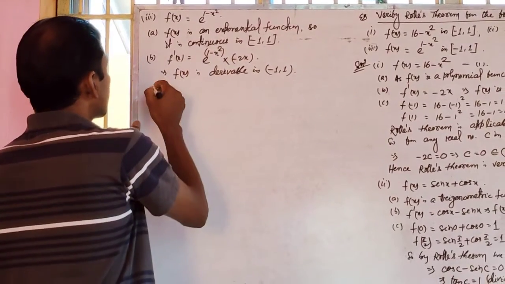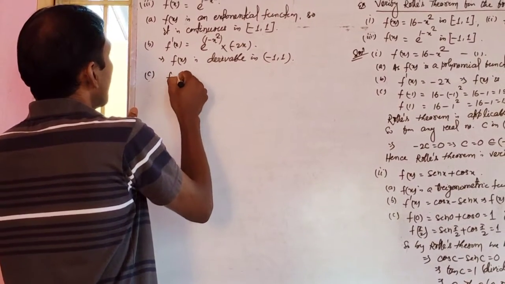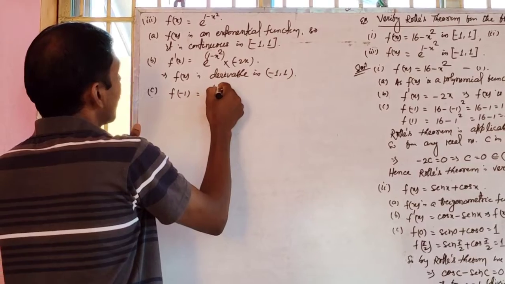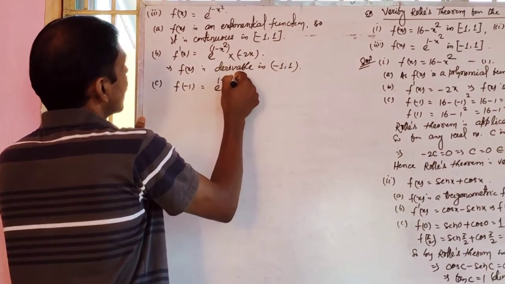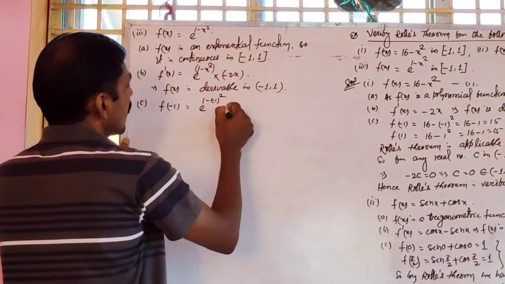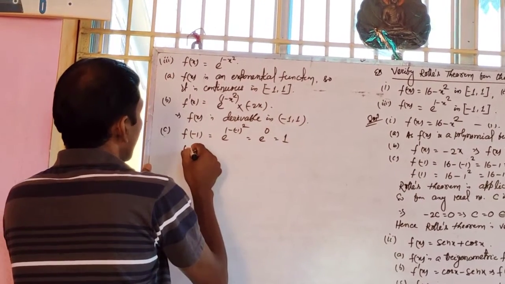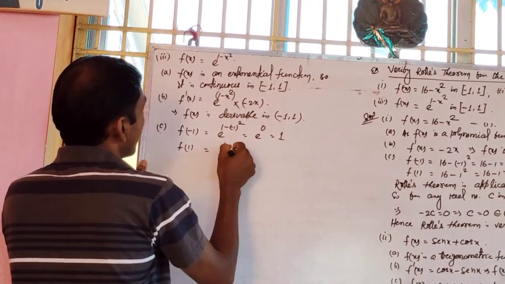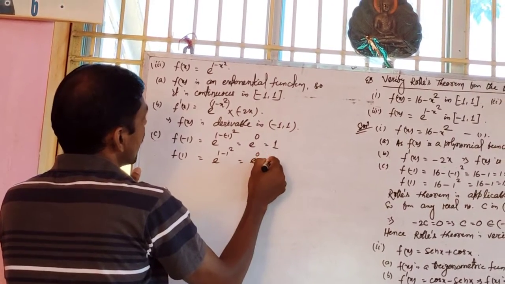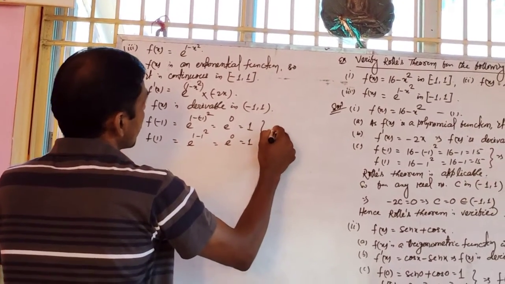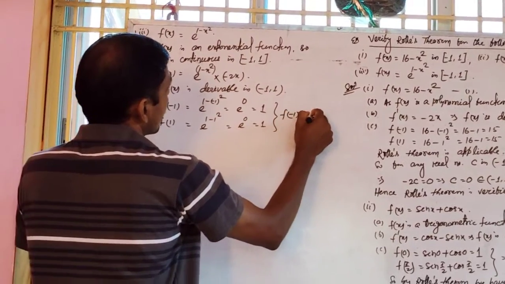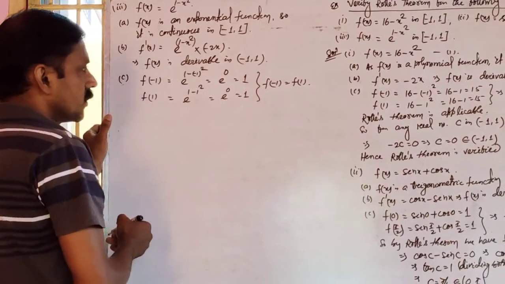Now for the third condition we will take f of minus 1, so it is e to the power 1 minus minus 1 square, that is e to the power 0, that is 1, and f of 1 is e to the power 1 minus 1 square, it is also e to the power 0 equal to 1. That means f of minus 1 equal to f of 1.